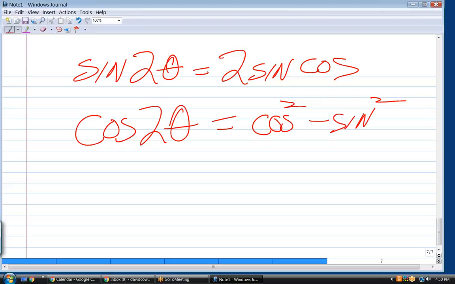That's the first one. The second one: 2 cosine squared x minus 1. There's always a 2 in front. And the third one is kind of the opposite: 1 minus 2 sine squared.